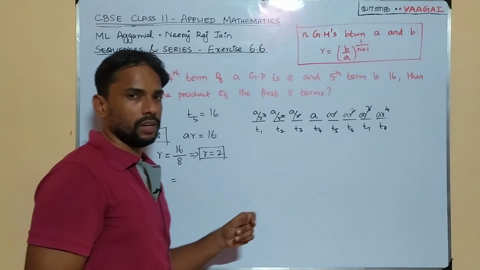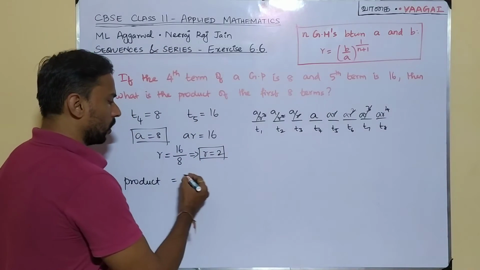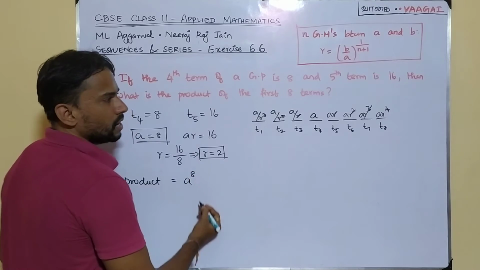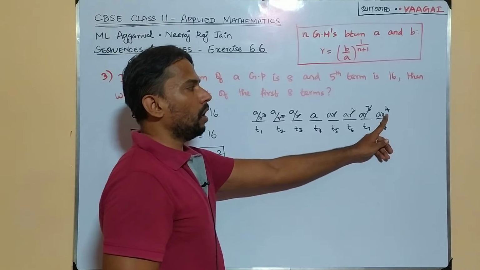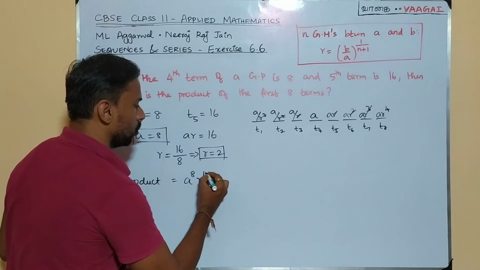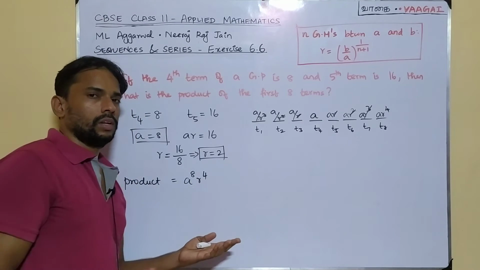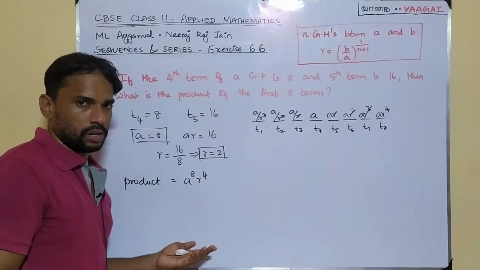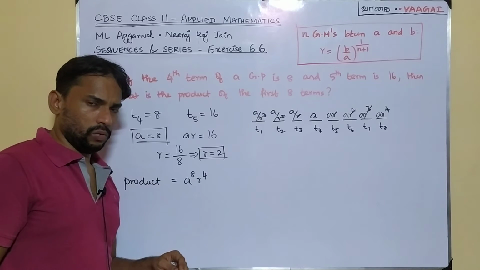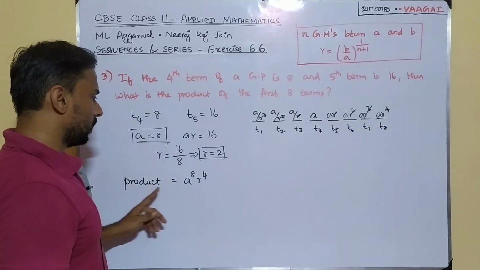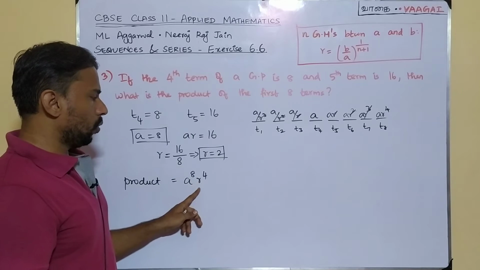There are 8 a's. So the product will be a power 8 into r power 4. Very simple. I hope it is clear to you. So our product is a power 8 into r power 4.